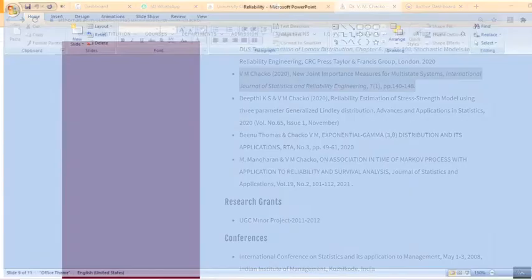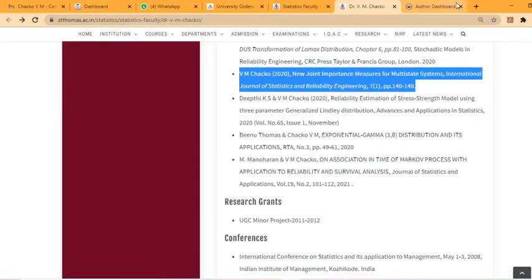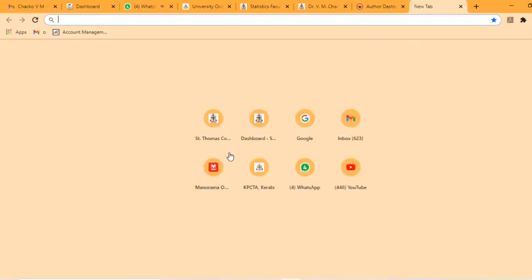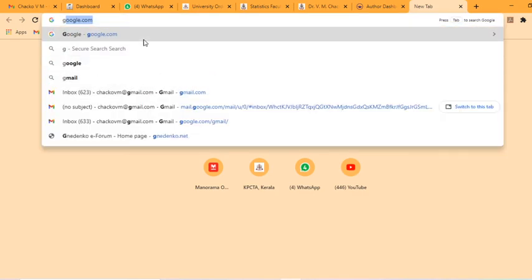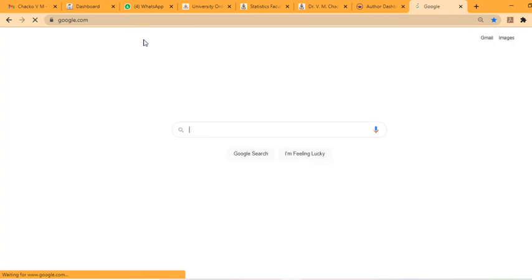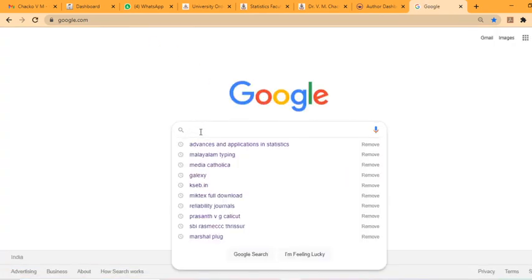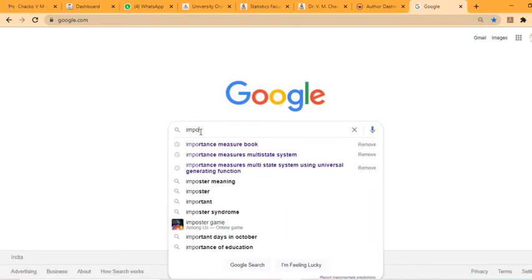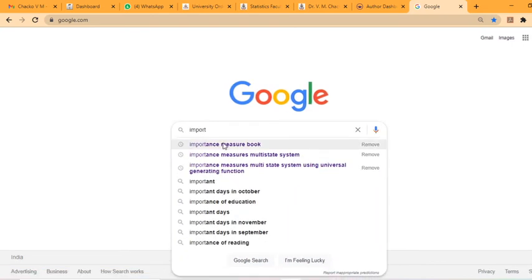There is scope for studying reliability theory, especially importance measures. Reliability importance is there, structural importance is there, multi-stage system importance is there, and several importance measure books are available.